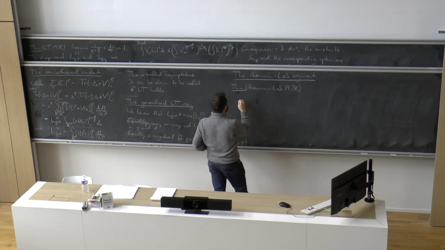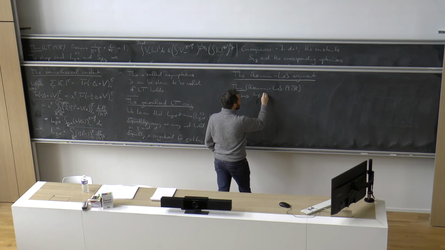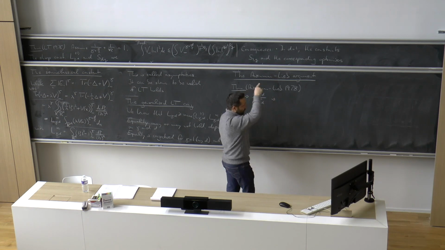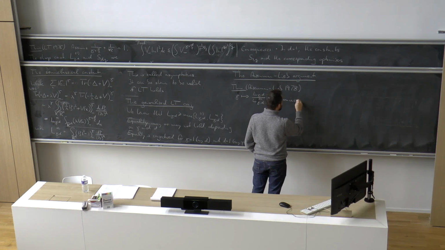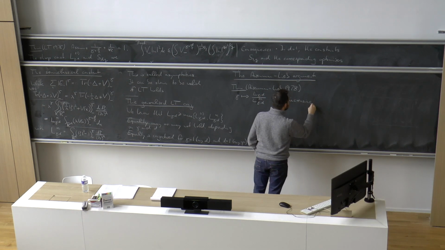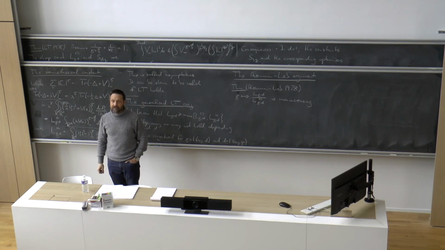And this says gamma maps to L gamma D divided by L gamma D semi-classical is non-increasing. So this makes an assertion about the unknown Lieb-Thirring constant.